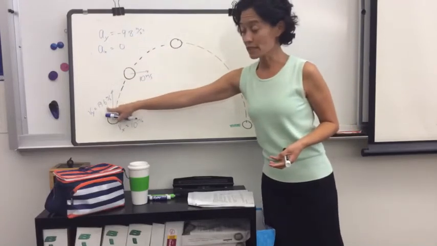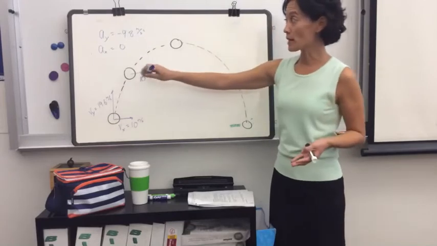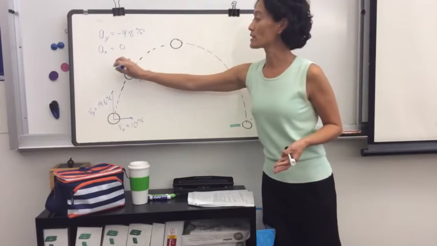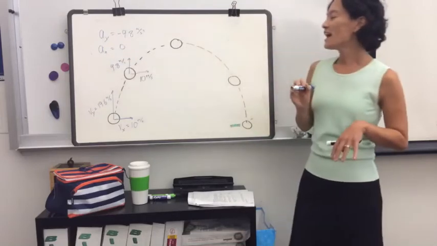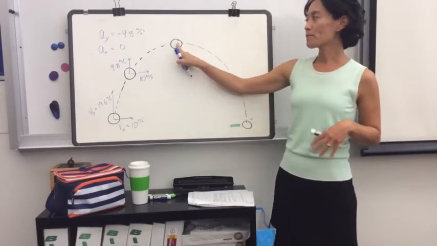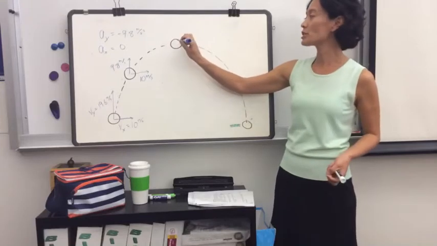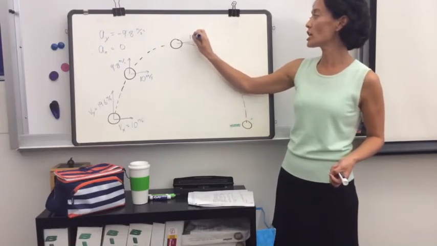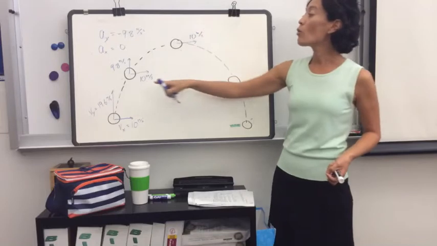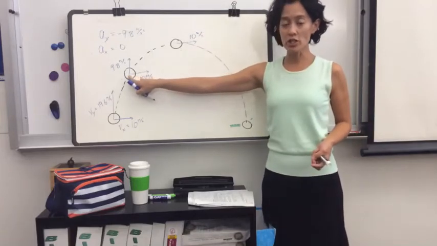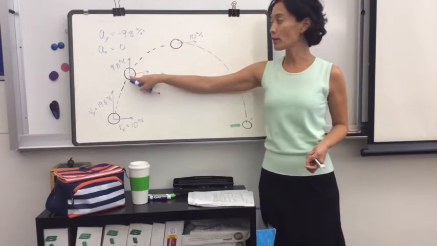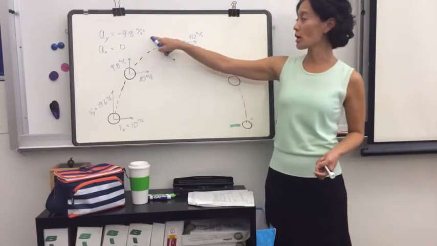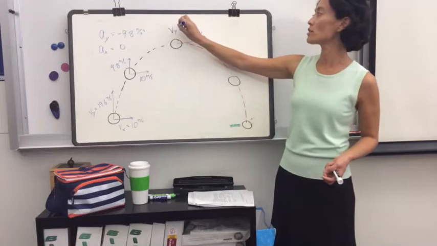So I started with 19.6, I changed by negative 9.8, so now my velocity is 9.8. Conveniently. 1 second later, again, I don't have a horizontal acceleration, so my x velocity hasn't changed. My y velocity, though, is going to change by negative 9.8 meters per second. So I'm going to go from 9.8 meters per second, with that change, to a y velocity of 0 here at the top.